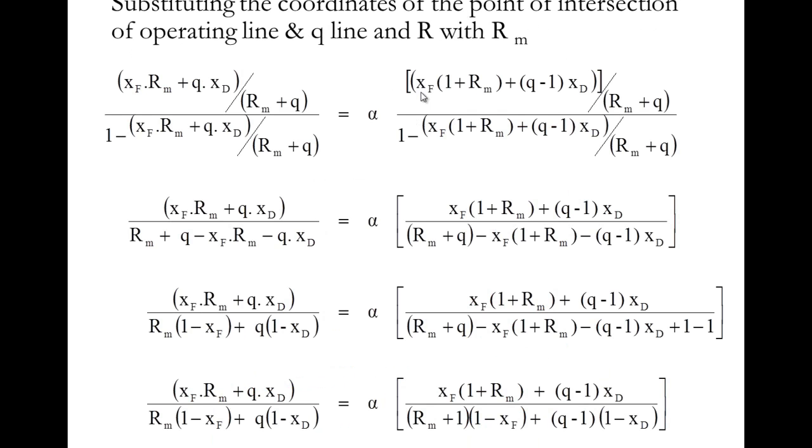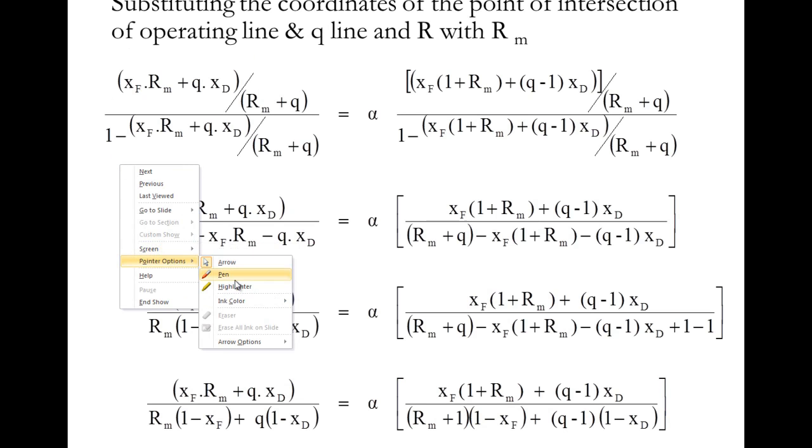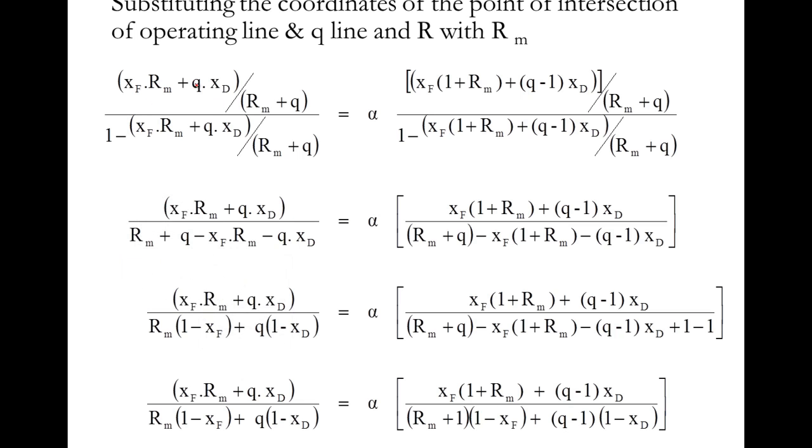Even though this one is a bit complex, this is just substituting the values that we obtained for x dash and y dash. So all these terms are there. Now we have to simplify this one a bit, and as a result we will get this kind of equation.